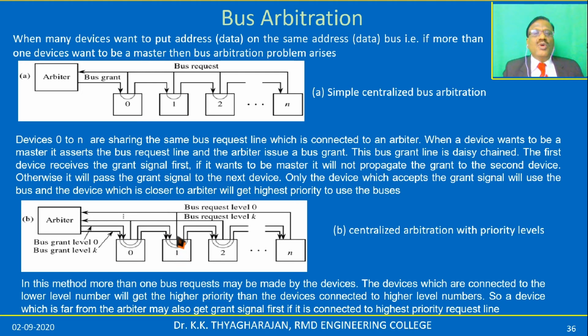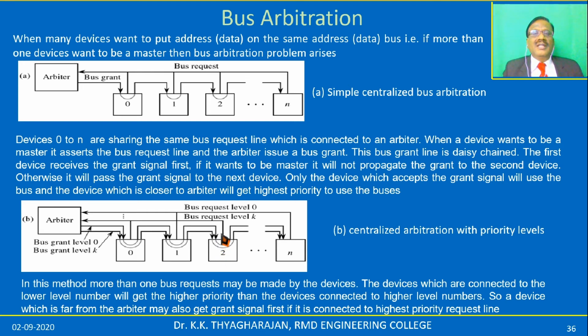Since device 1 is connected with bus request level 0, device 1 will check the bus grant. If it has requested, then it will use that bus grant, and it will not pass the bus grant signal to the next device. If it has not requested, then it will pass it to the next device.